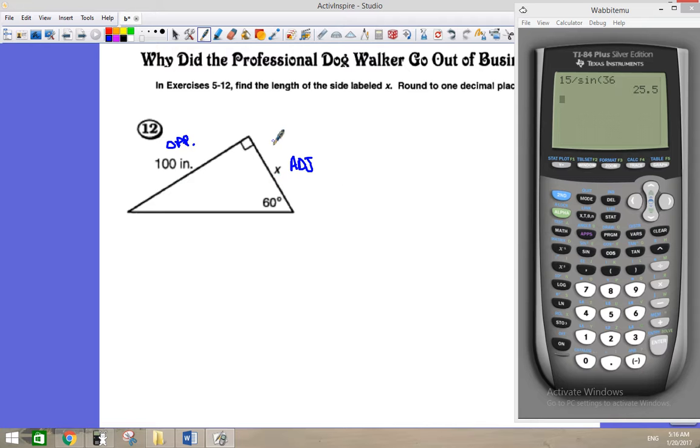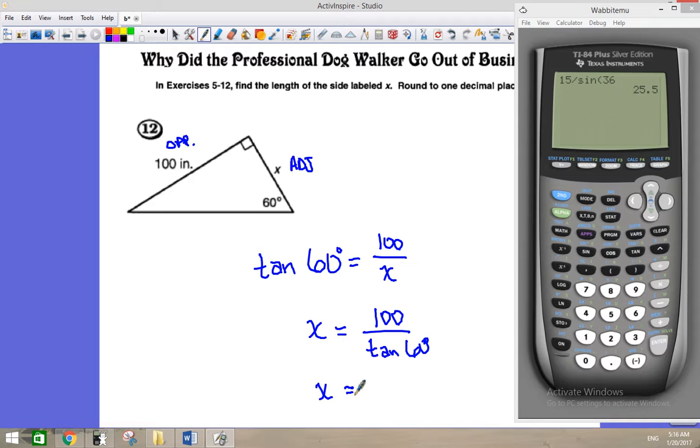The trig functions that use opposite and adjacent are tangent and cotangent, but since I don't have a cotangent button, I'm going to use tangent, and the tangent of 60 degrees is the opposite leg, 100 divided by x, so x is equal to 100 divided by the tangent of 60, and at least to one decimal, we have 57.7 units of length, and this is in inches. There's our answer for that one.